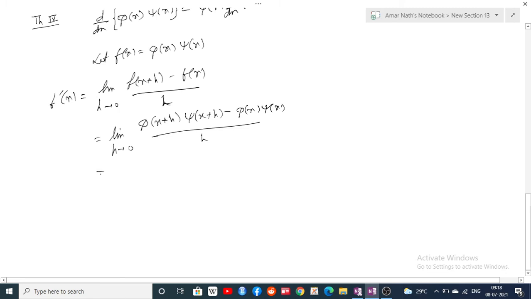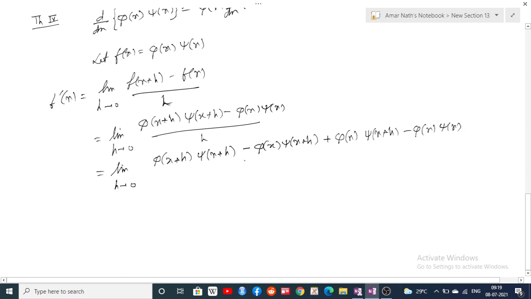Then limit h tends to 0. Now we can write phi(x plus h) psi(x plus h) minus phi(x) psi(x plus h), plus phi(x) psi(x plus h) minus phi(x) psi(x), divided by h.